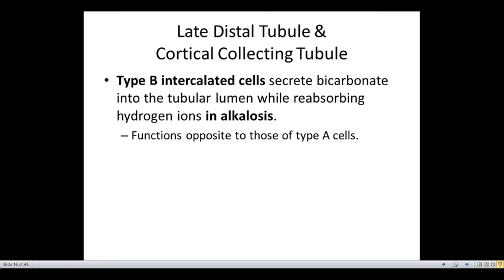The other type of intercalated cells, the type B intercalated cells, secrete bicarbonate ions into the tubular lumen while reabsorbing hydrogen ions in alkalosis. Therefore, they have functions opposite to those of type A intercalated cells.